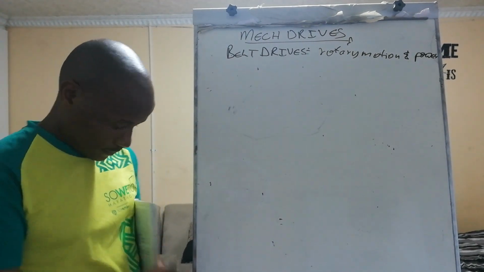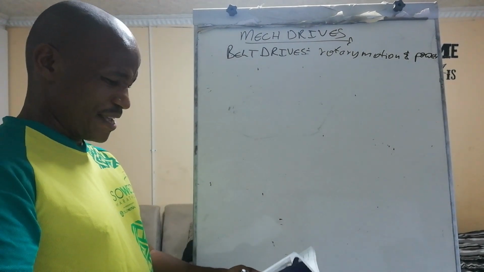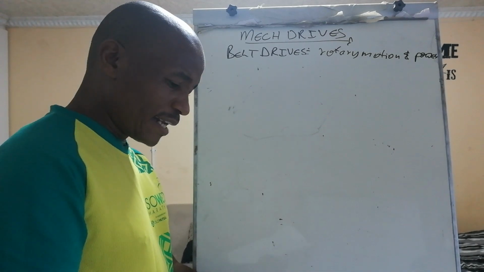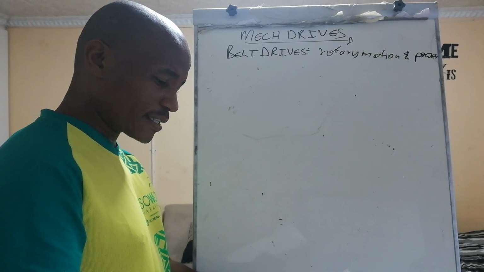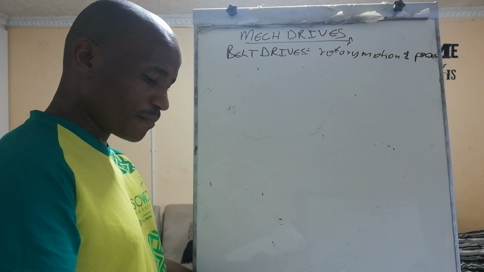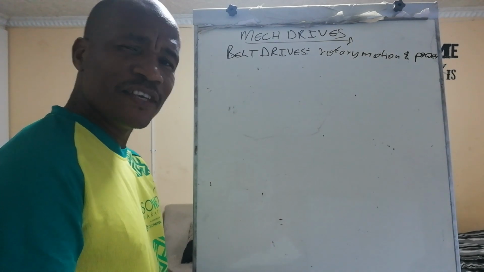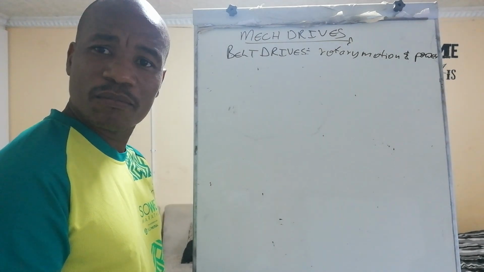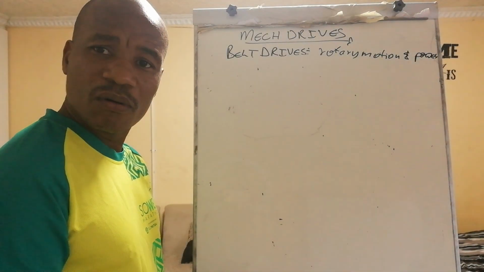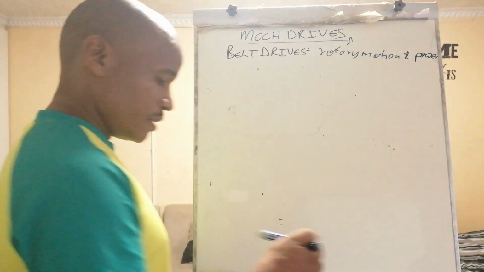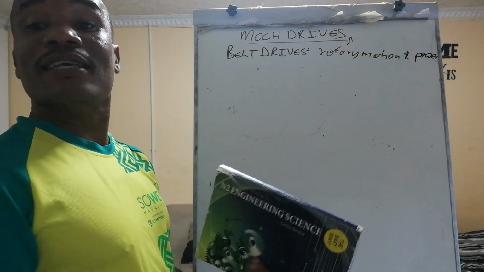It says a pulley with an effective diameter of 250 millimeter is driven by means of a pulley fixed to the shaft of an electric motor. What does that mean? It can only mean one thing.